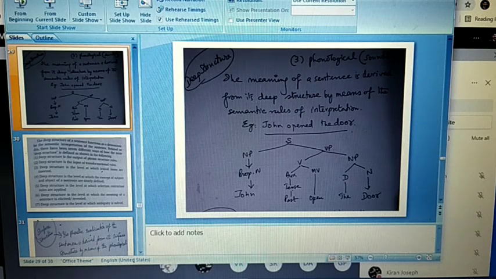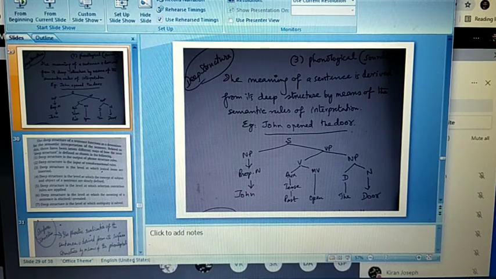So the meaning of a sentence is derived from its deep structure by means of semantic rules of interpretation. Say, John opened the door. What is John opened the door? Sentence, noun phrase, a proper noun John. Verb phrase, opened the door, is verb, which is auxiliary plus main verb.